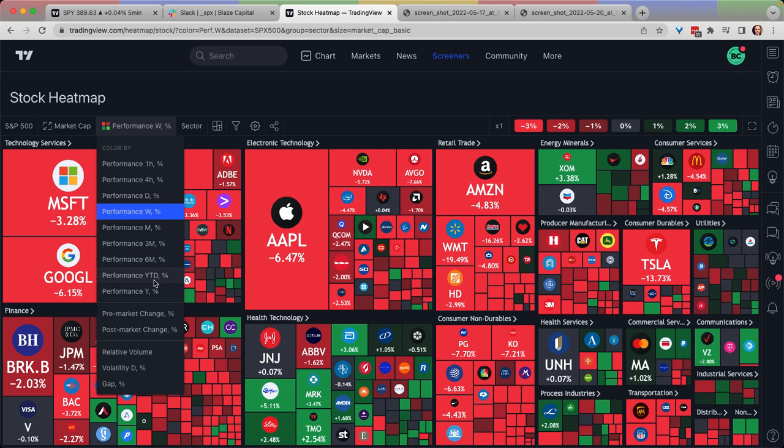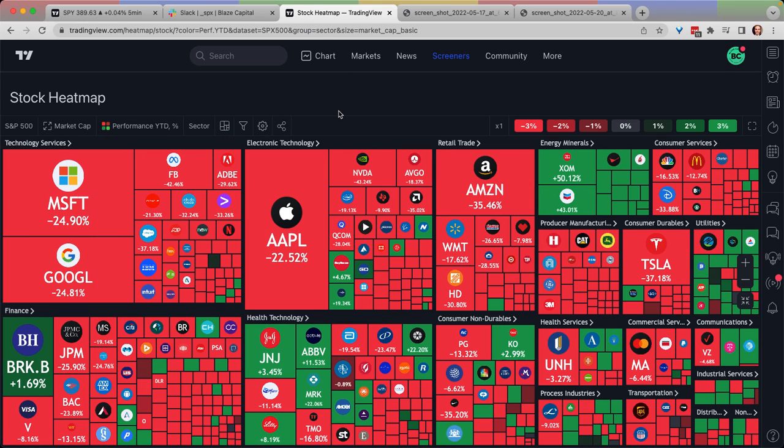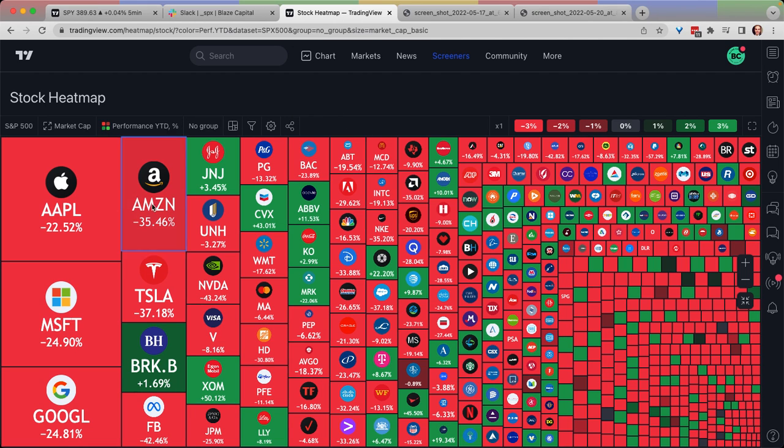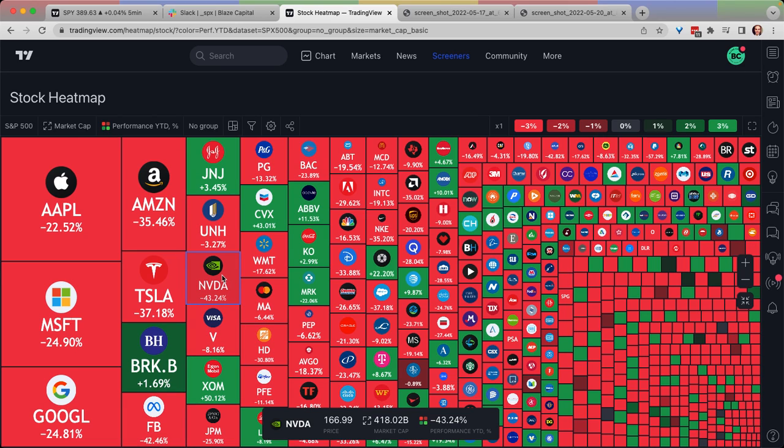What I want to show instead is going to be the performance year to date, because even though the S&P 500 is not technically closing in that bear market territory, meaning negative 20%, every major trillion-dollar company is now doing that. We're going to now flip to no group, and the biggest blocks, Apple, negative 22, Microsoft, negative 25, Google, negative 24, Amazon, negative 35, Tesla, negative 37, Facebook, negative 42, NVDA, negative 43.